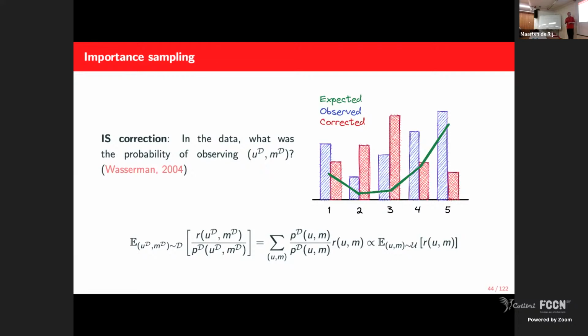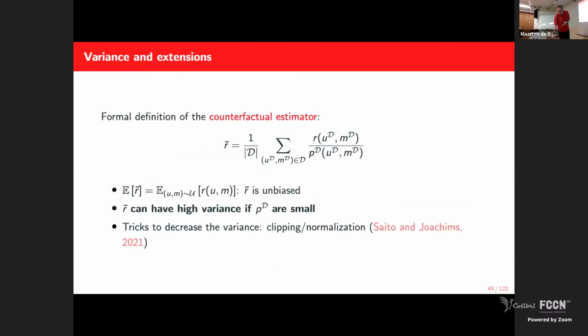And if we see a few items rarely, we should maybe increase their importance a little bit to account for the fact that we didn't see them a lot. But they still have to be part of our estimates. And so that's what happens with this counterfactual estimator. We look at the observed rewards.